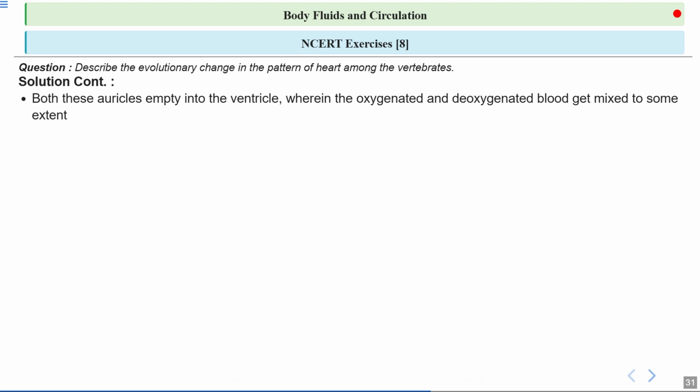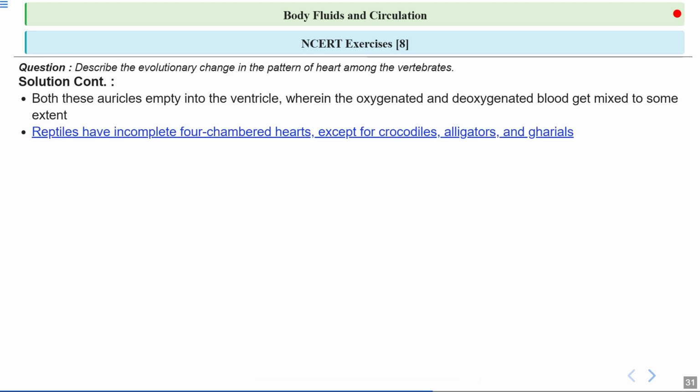Both these auricles empty into the ventricle, wherein the oxygenated and deoxygenated blood gets mixed to some extent. This partial mixing means the blood sent to the body isn't fully oxygen rich.